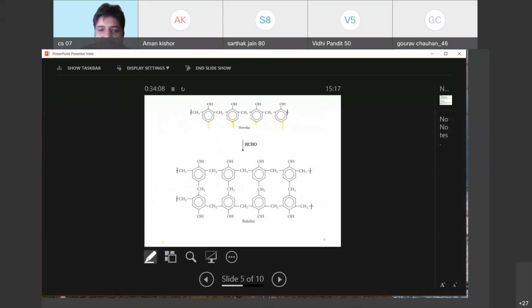Okay, here what forms first is at the para position. When you do reactions further, you will have formation of CH2OH here at the para position. And this CH2OH then reacts with a similar chain. Okay, it then reacts with the novolac chain again.